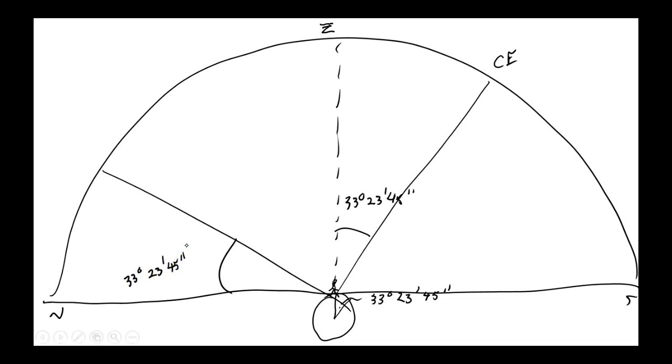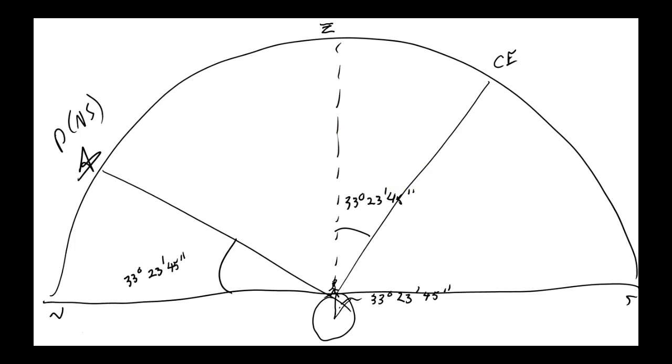Okay? That's good old Polaris, the North Star. And it's not a very big star. I drew it way too big. Kind of a small star. Now, declination would be how far above the celestial equator.